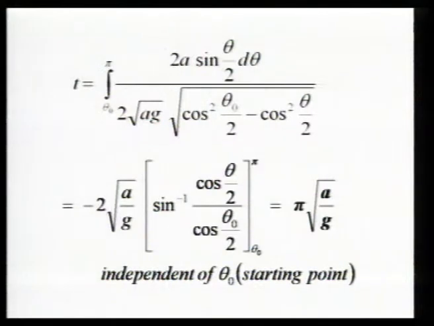Remember, or recall, that we obtained the same expression earlier. This expression is independent of theta 0, which means no matter from where the particle starts, it will always take the same time to reach the lowest point.